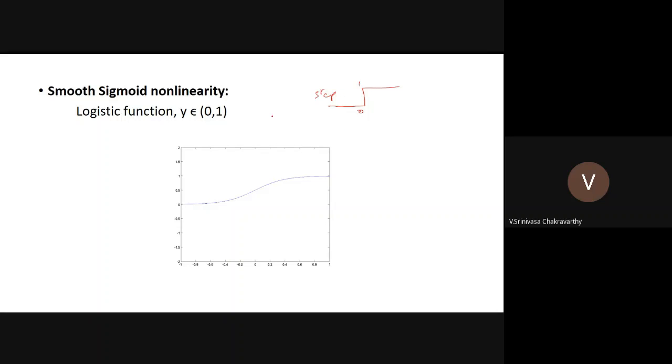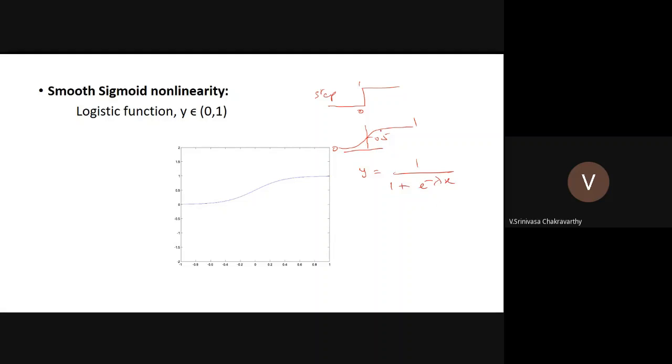The smoother version of this is what is called the logistic function, which looks like this, which goes from 0 to 1, but asymptotically. At the origin, this is 0.5. And this is given by the function y equals 1 by 1 plus e power minus lambda x.